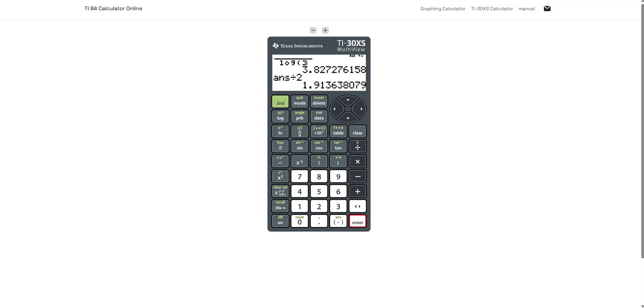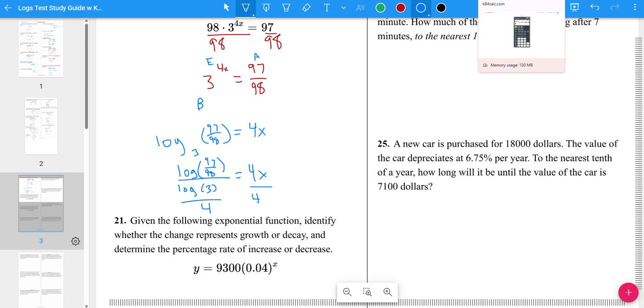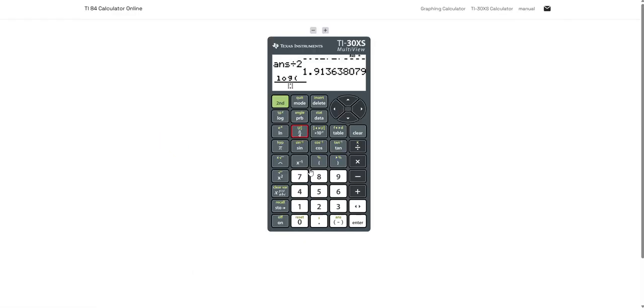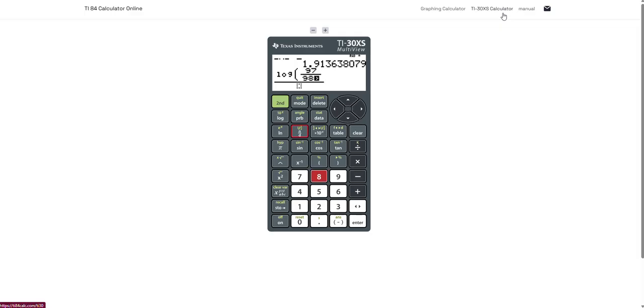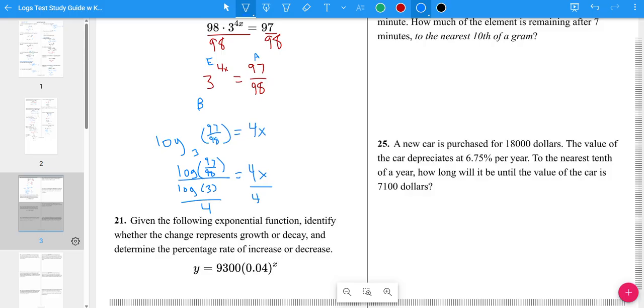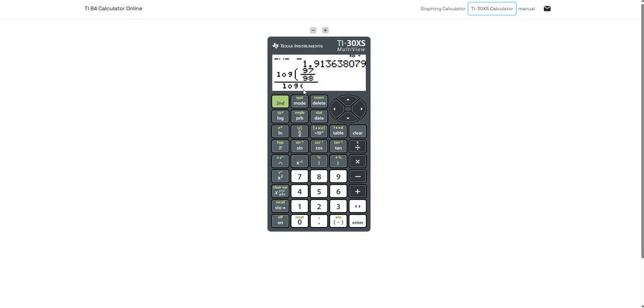So log of 97 over 98, yes. Log 3, divided by 4, which if you round that to the nearest hundredth is just going to be 0.